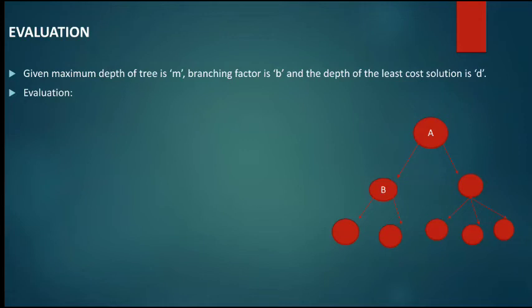Then we move to B. Now there is an adjacent node, so we move to C next, and then there is no adjacent node, so we move downwards, then D, then E, then F, then G, and then H. In this way we traverse the whole tree, putting each node inside a queue, and we traverse the tree until the queue is empty. Now for the evaluation part, can you tell me whether this particular tree is complete or not?